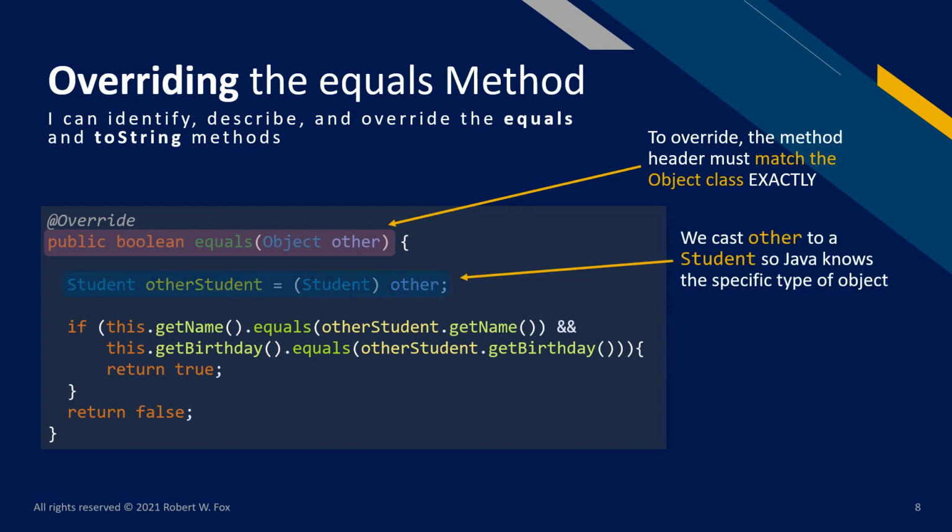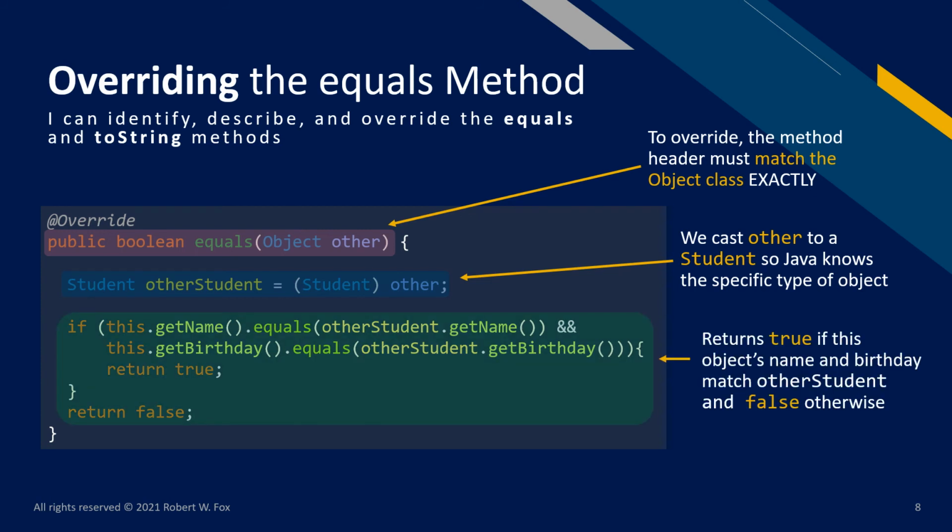Next, we actually have to teach Java that that parameter is a Student because it doesn't know. All it knows is that other is an Object. Now, you and I know it's going to be a Student, so that's why we have this line of code where we say Student s equals other typecast to a Student. So now we've got Java understanding and knowing that this parameter is indeed a Student.